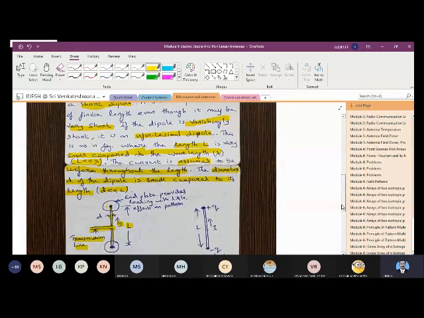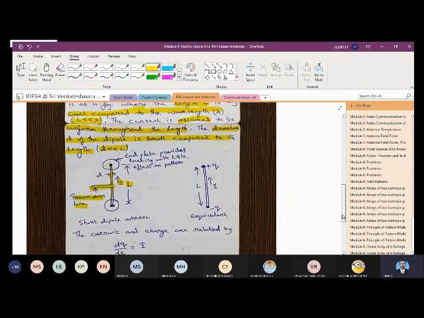So that is what you can see here, and this is the figure for that. This is the short dipole antenna and its equivalent circuit, where at both ends you have plus Q and minus Q, and the current I is flowing through it.